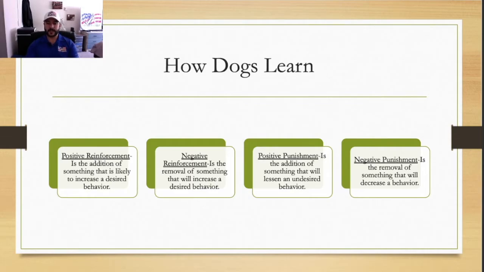Negative reinforcement is the removal of something that will increase a desired behavior. A great example of that is putting on your seatbelt, right? You hop in the vehicle, you start taking off down the road, and then you hear that bing, bing, bing, and that is your vehicle letting you know that you need to put on your seatbelt.